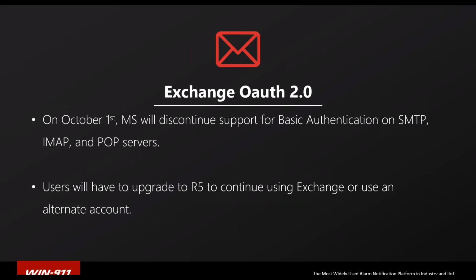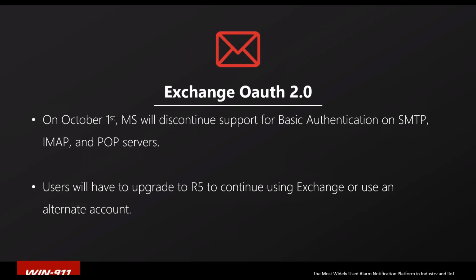If you're using Gmail, I probably should have put something here about Gmail. Google did something similar, I think it was in June, where they discontinued what they call less secure apps, which are apps that connect with a username and password. And for Gmail, you have to create something called an app password, which we have a knowledge base article about.